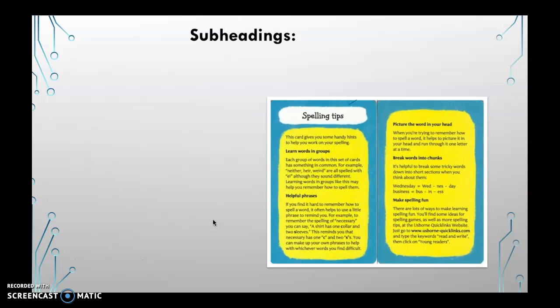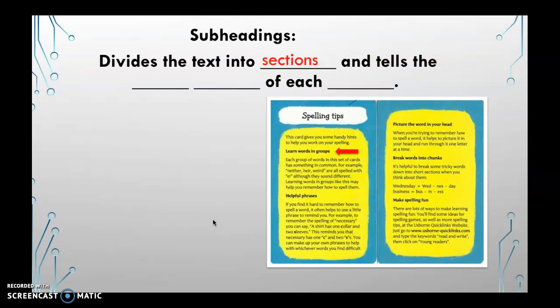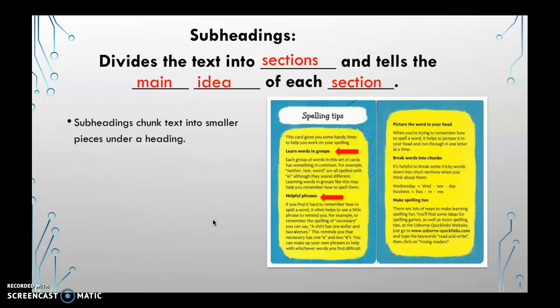Now the subheadings fall underneath the headings, and this divides the text into sections and tells the main idea of each section. So if you look at our example below, we have multiple subheadings under the heading of spelling tips. So subheadings chunk text into smaller pieces, where our first one is under spelling tips, which is our heading.